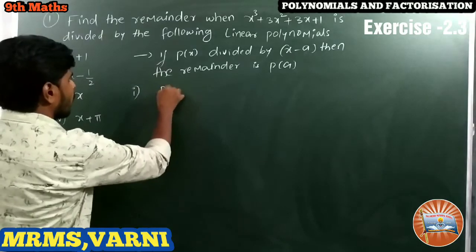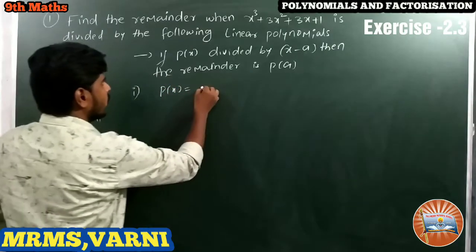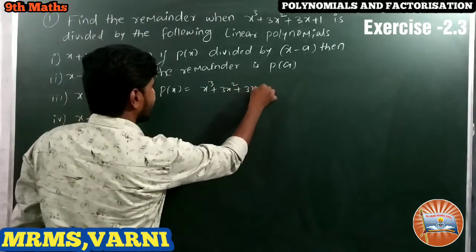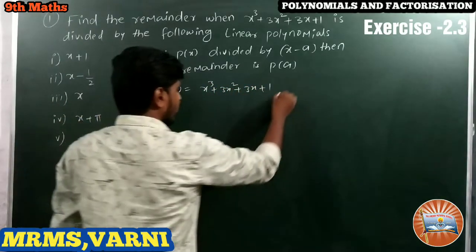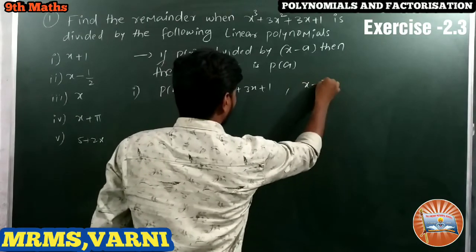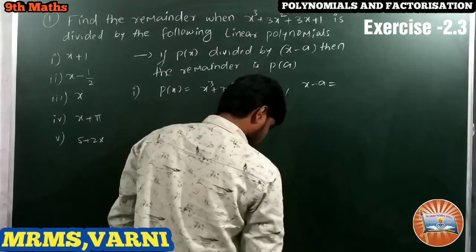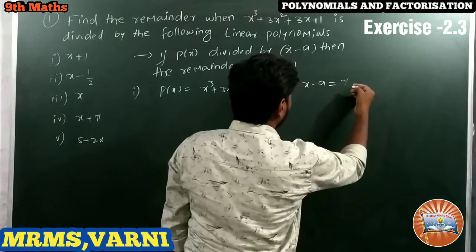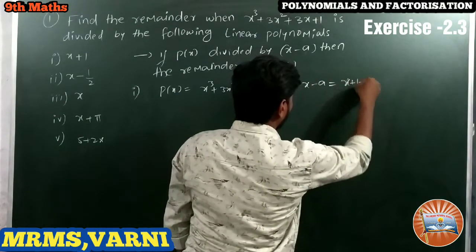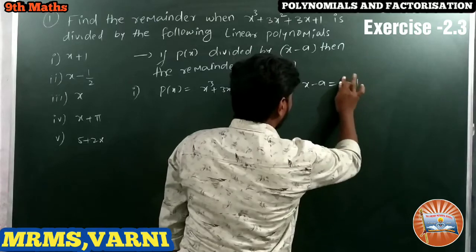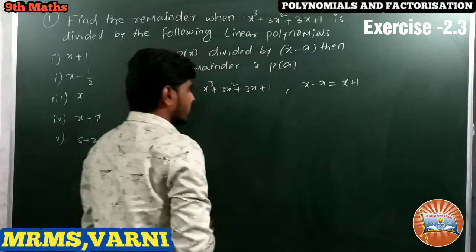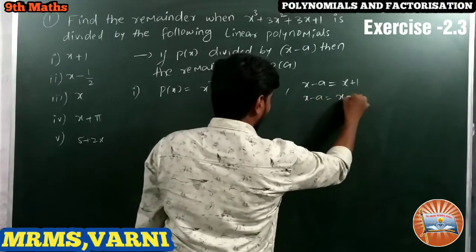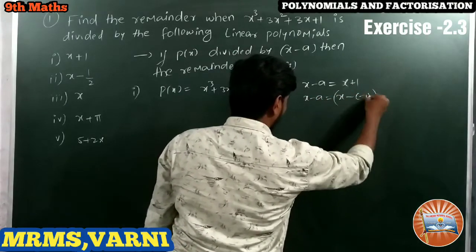So our p of x is equal to x cube plus 3x square plus 3x plus 1. So given x minus a is equal to x plus 1. Okay, right. Nothing but we can write this as x minus a, x minus of minus 1.